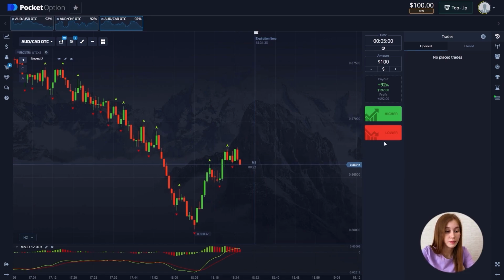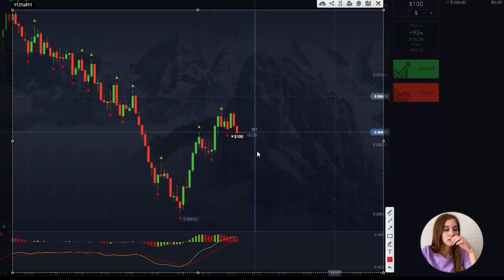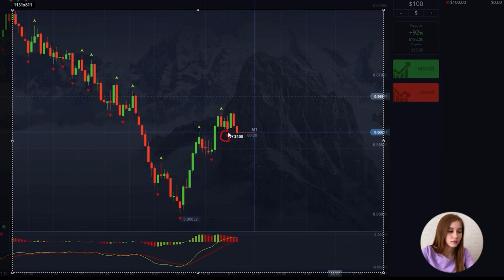As we see, the fractal was updated down the last one before opening the deal. But we see that we have already passed 2 candles. A high candle has appeared here. If another candle appears below, here we'll update the fractal up.